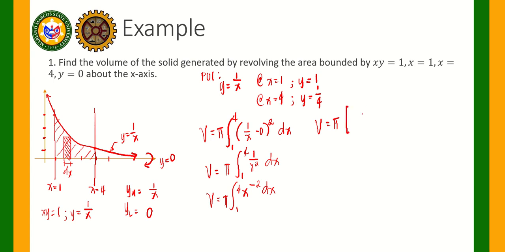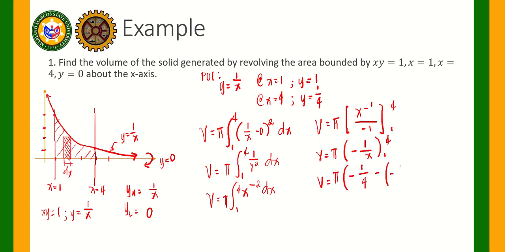X raised to negative 2, that is x raised to negative 1 over negative 1, limits from 1 to 4. So, if you are going to rewrite this one, this is equal to pi times negative 1 over x, limits from 1 to 4. So, volume is equal to pi times negative 1 over 4 minus negative 1 over 1.